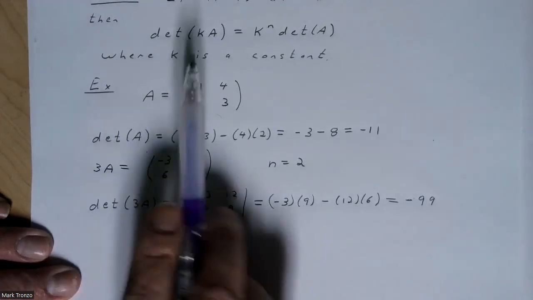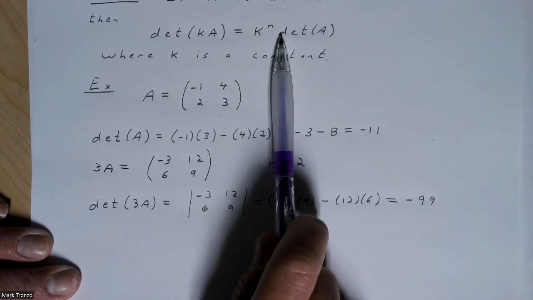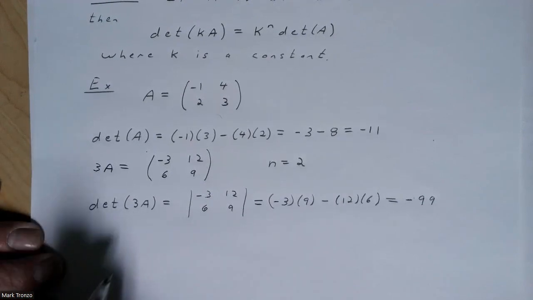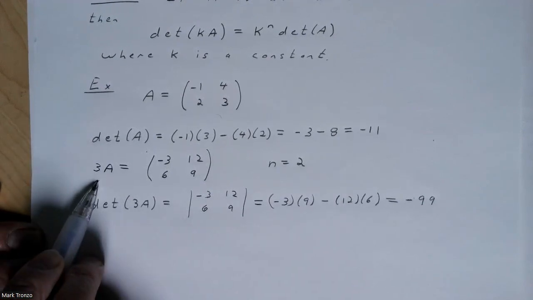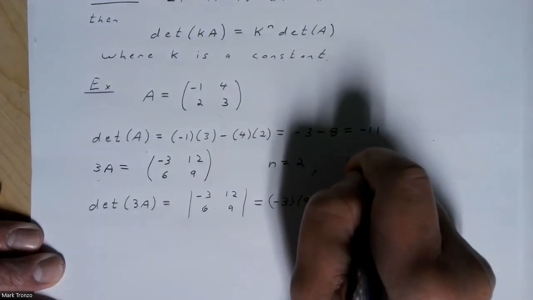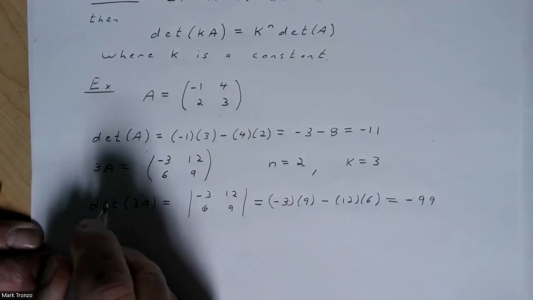Now, according to our theorem up here, that should be equal to k to the n times the original determinant. So let's try that. Our k in this case is 3. And again, our n is 2 because it was a 2 by 2 matrix.